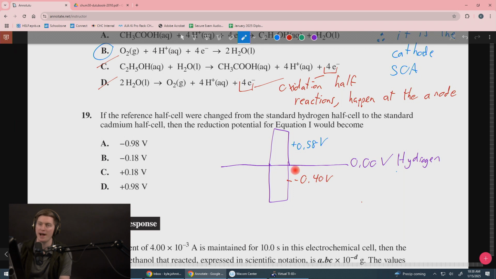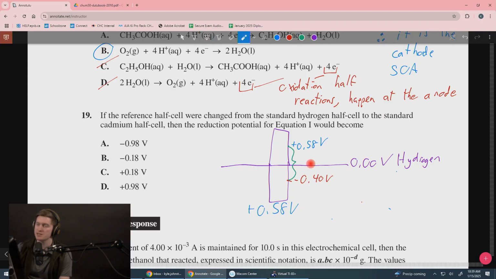So you have to know how far away these are from each other. If you're taking physics, this is kind of like a vectors question where you're figuring out the distance between these two. We're going to find that simply by subtracting our new reference from where we were. So we want to figure out what this distance is.